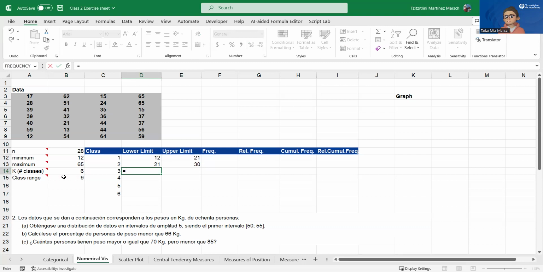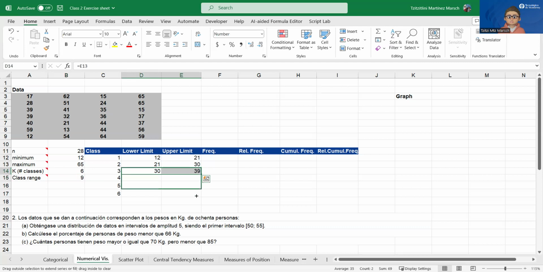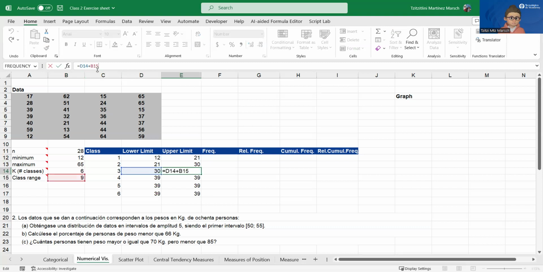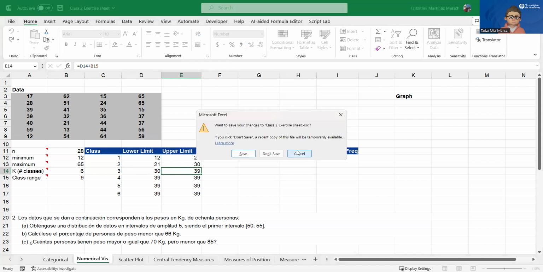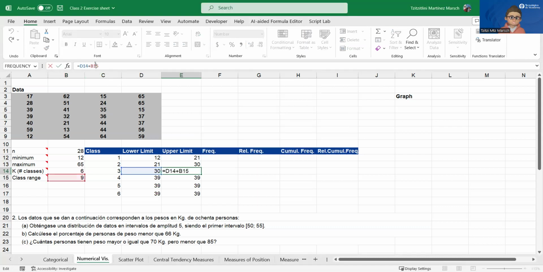For class 3, our lower limit is going to be our upper limit of the previous class, and our upper limit is going to be that lower limit plus our class range. And you can pull this formula down now, because we're going to do it for all 6 classes. And you really want to make sure that you use absolute references for the range.